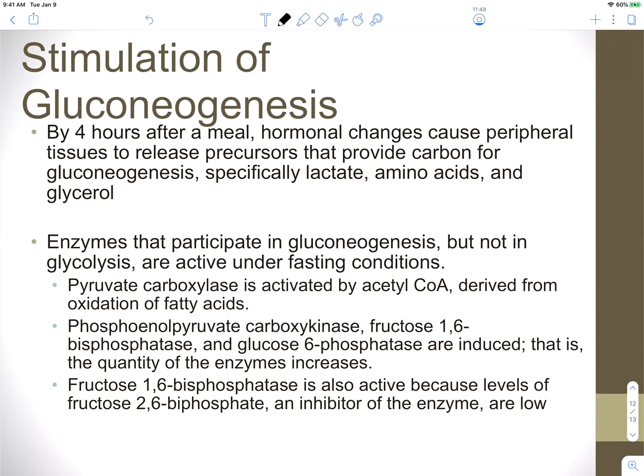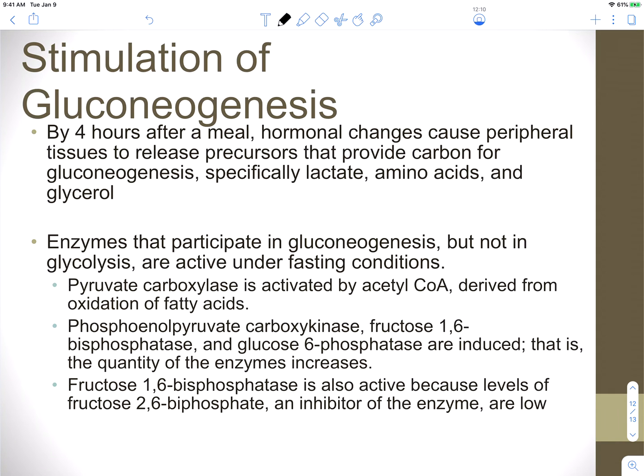Enzymes that are going to be part of gluconeogenesis are active under fasting conditions. So you have your pyruvate carboxylase, your phosphoenolpyruvate carboxykinase, your fructose 1,6 bisphosphatase, and your glucose 6-phosphatase are all going to be induced.